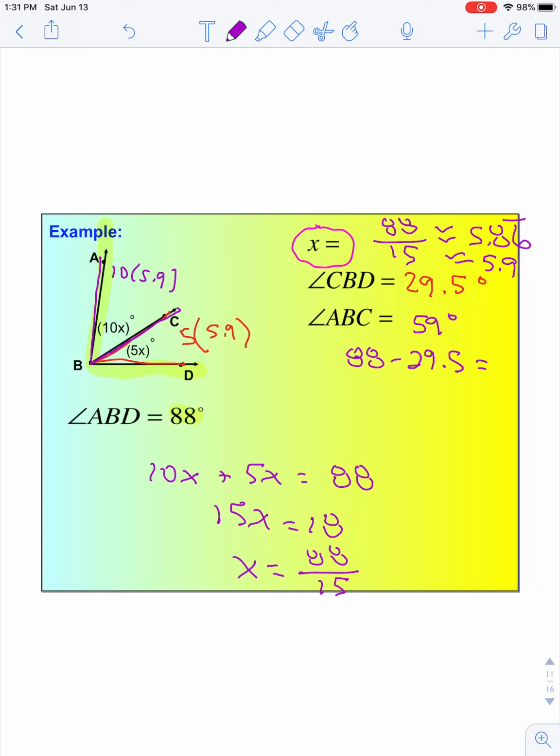So 88 minus 29.5, which I already found, is 58.5. So depending on how you solve it, you could get slightly different answers. This ended up to be 58.5, and this ended up to be 59.